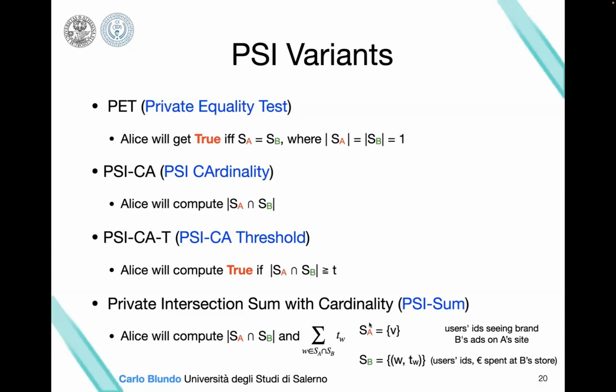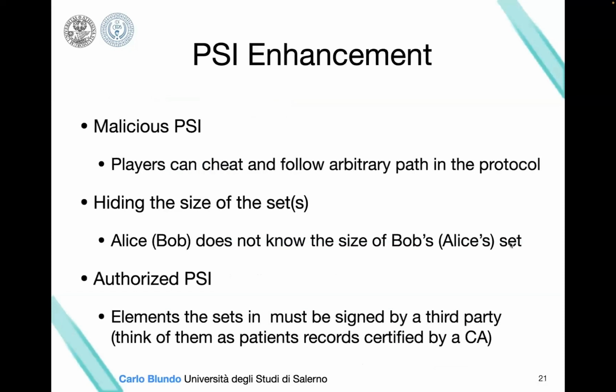So this could be considered as a measure of the impact of the advertisement campaign on the site run by A. There could also be enhancements. The first one is to consider malicious PSI, so players can follow an arbitrary path in the protocol.